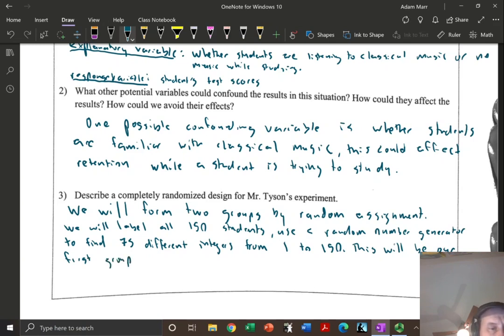Just to remind you, we're going to have two groups. One group is no classical music. The other one is classical music. So this is no classical, and this is classical right here. That will be our first group. Let's make that our no classical group, and that group will not be played classical music.